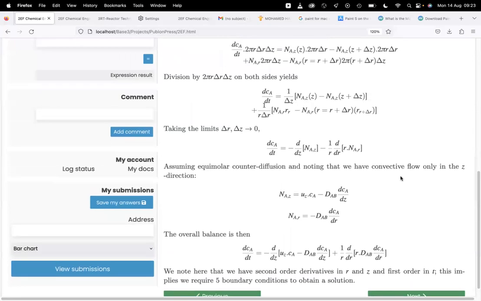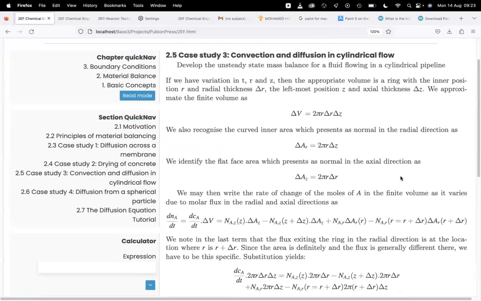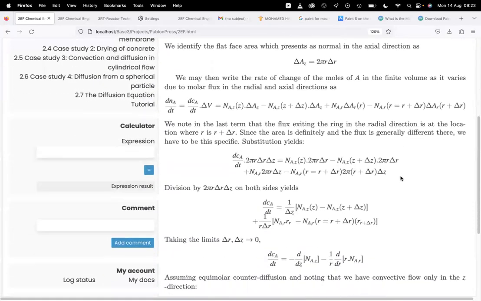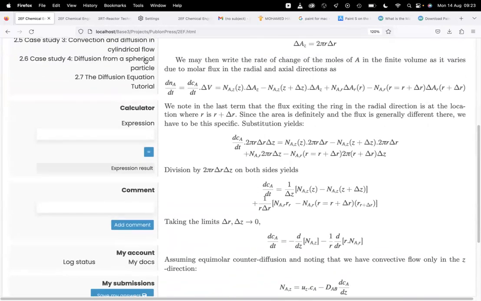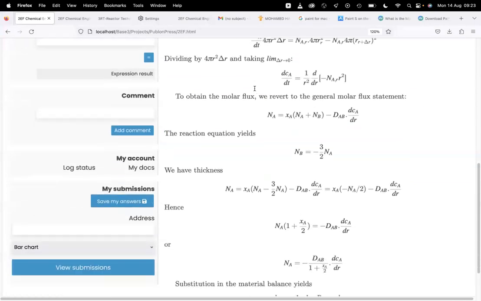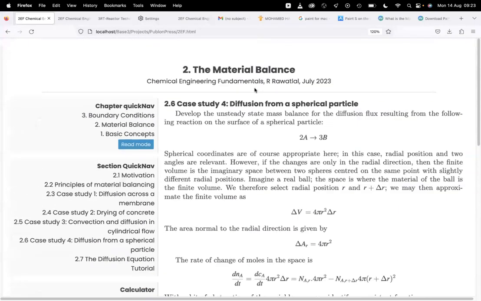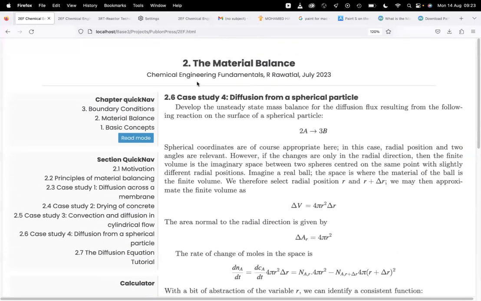All right, now let's look at the third one, diffusion from a spherical particle. By the way, these three case studies give us a nice variation. You can see the geometry is very different.